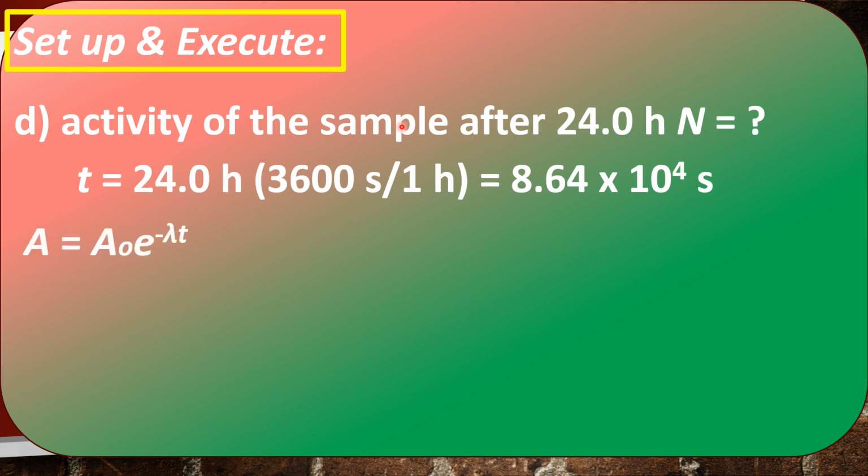And using the formula A for activity equal to A naught, the initial activity, multiplied by the Euler's number raised to the power negative lambda multiplied by the time t.